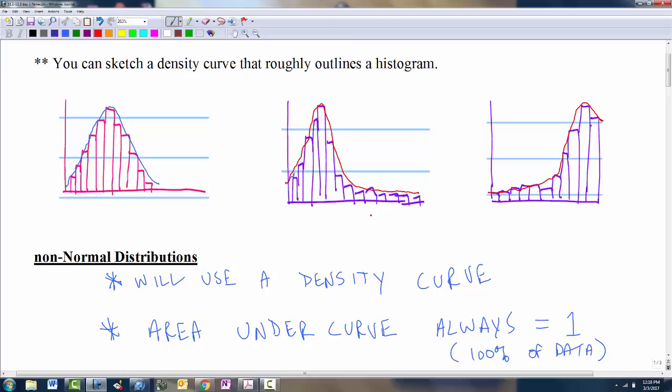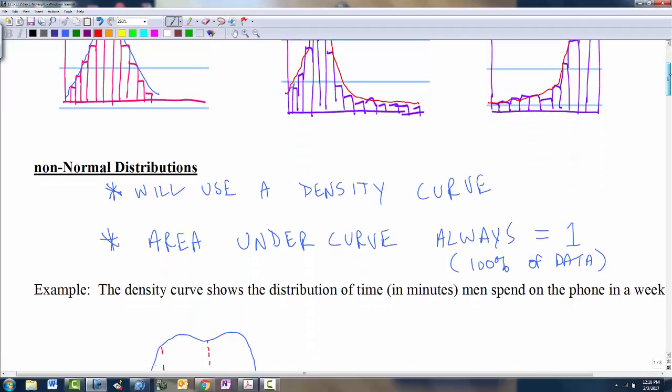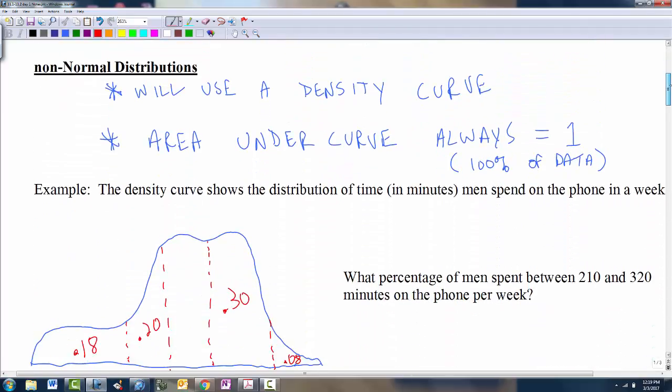So the area under a curve in these scenarios will always equal 1, the total area, because that's 100% of the data that's covered in whatever scenario you're looking at. I don't know if I explained that perfectly, but let's look at our next example that's not normal.